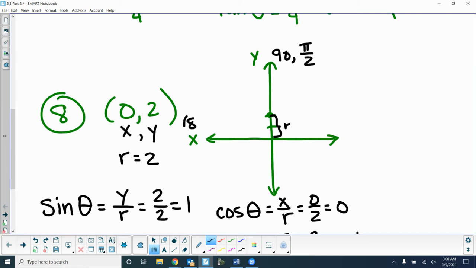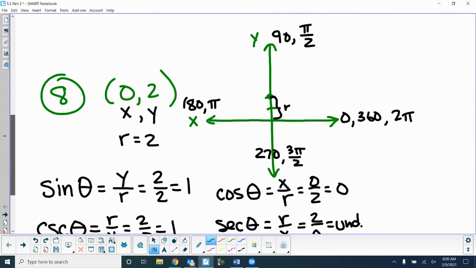Over here was 180 or pi. Down here was 270 or 3 pi over 2. These are things you should know. This is 0, 360, or 2 pi. Sometimes they're going to give you problems in radian form, so you need to learn them.